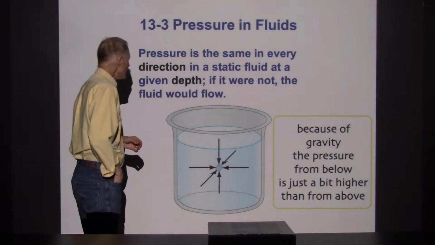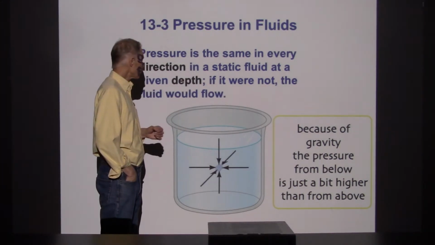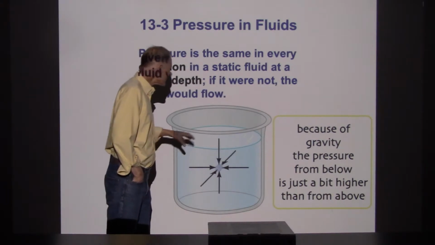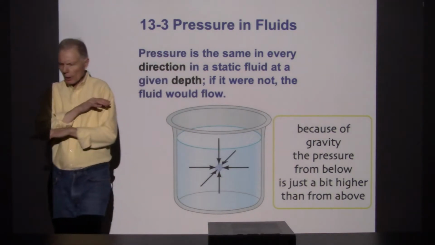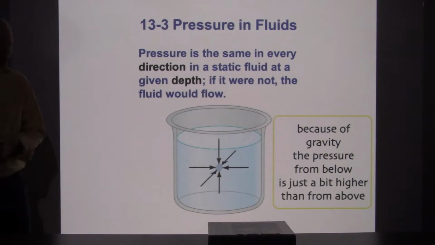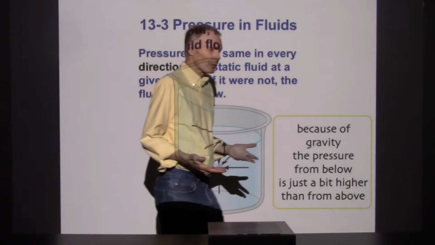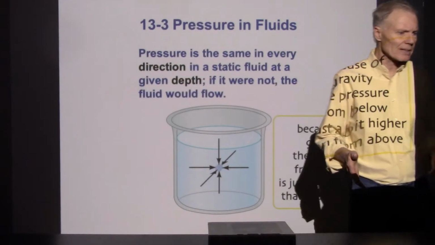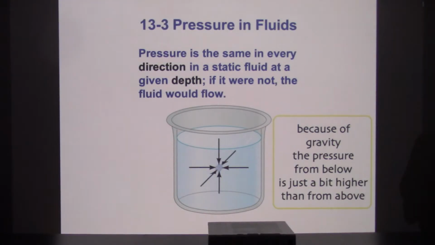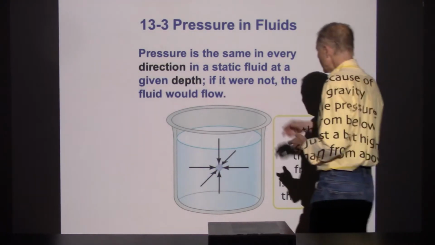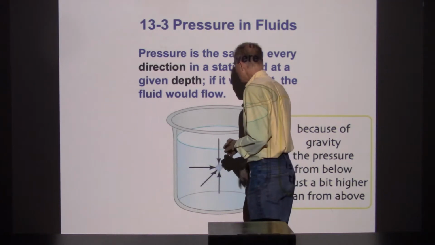Now, a couple things to remember with pressure is that pressure is an intensive property of the material. Pressure exists all through the material. And so here's a sample of water, and there's water pressure.